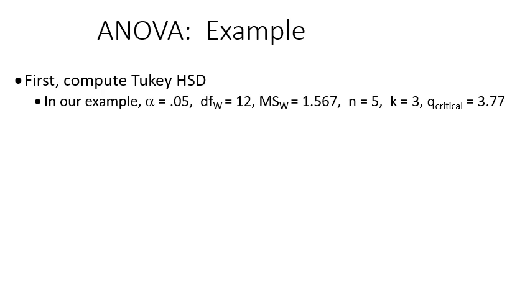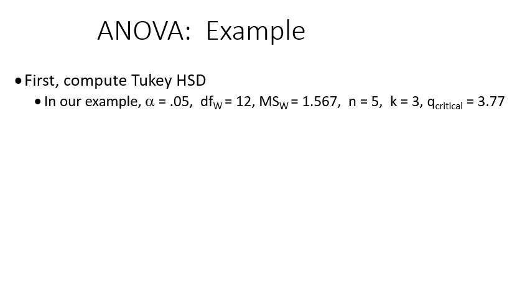So if you look back at the chart, you look at your K of 3, your degrees of freedom within of 12, and you should get a Q critical of something like 3.77. Depends on your Q critical chart. It looks like the Q critical chart I gave you guys has a 3.204 there.